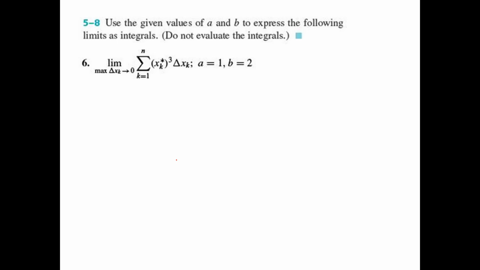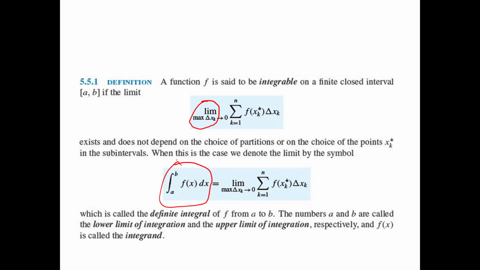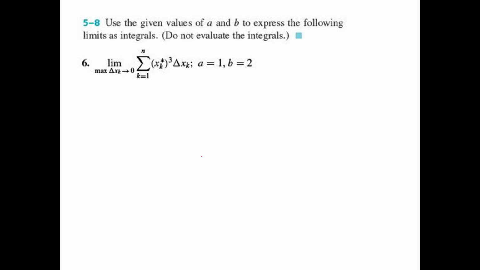So if we look back, what we were given is the right side of this equation. You have your delta x of k there, you have your f of x k star there, and then we're trying to go in this direction, write it as a definite integral. And so then you can see that you're putting the x k star into the cube function.